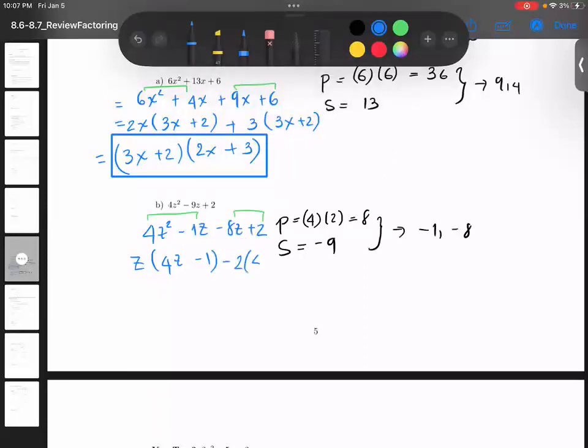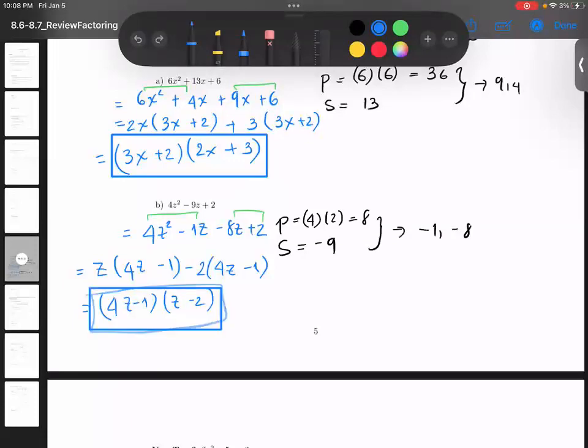What remains is 4z minus 1. When you factor out a negative, it changes its sign. Factor out 4z minus 1. What remains is z minus 2.